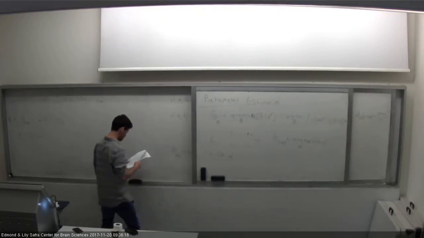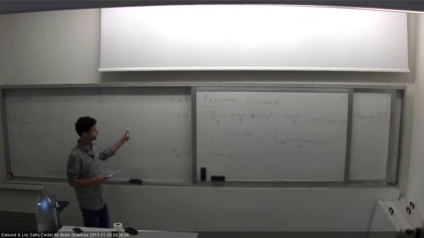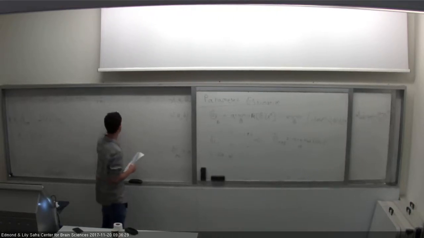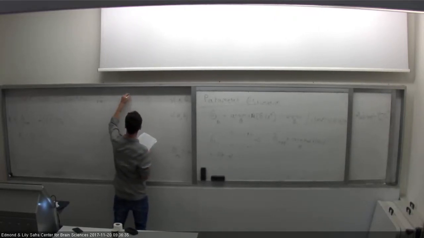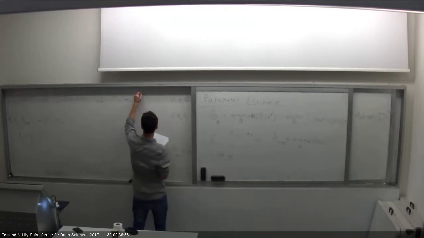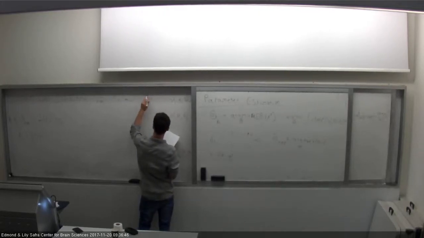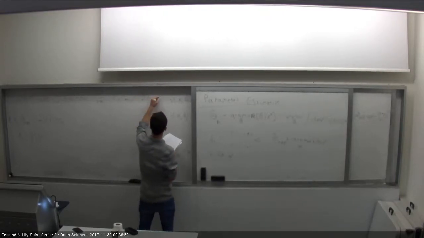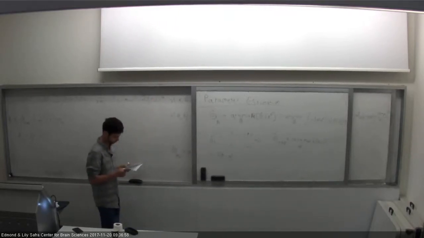Okay, so what is the expected value of these estimators? The expected value of the maximum likelihood is just the expected value of 1 over n sum over the xi, and this is equal to theta.